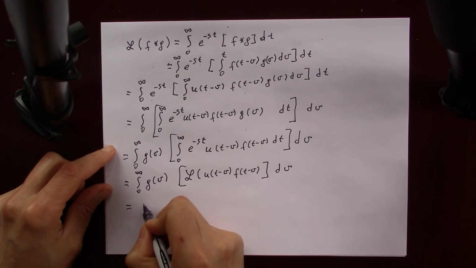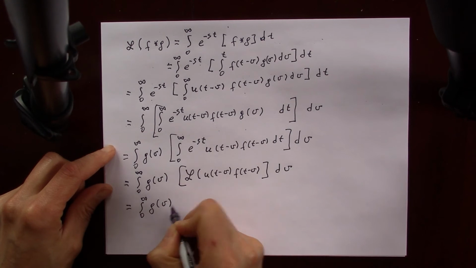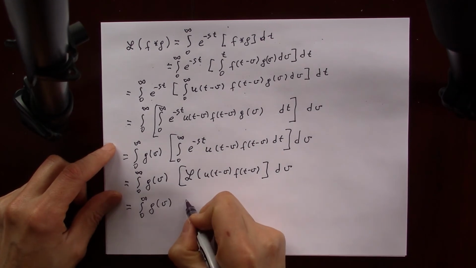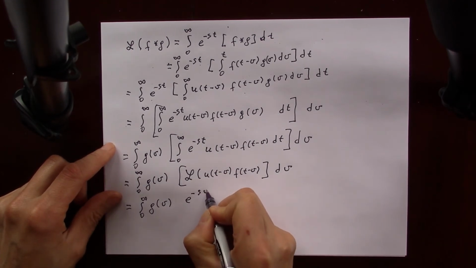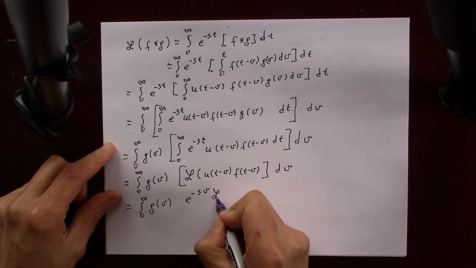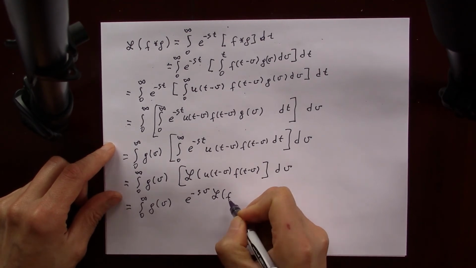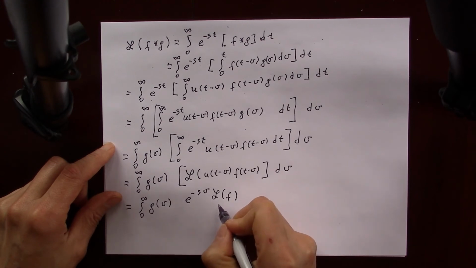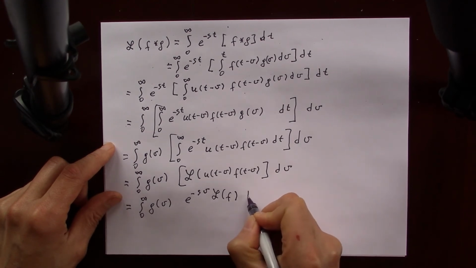So we're going to get integral 0 to infinity g of v. That, using translation in t-axis, is going to be equal to e to the negative sv Laplace of f. And this one is a function of s.